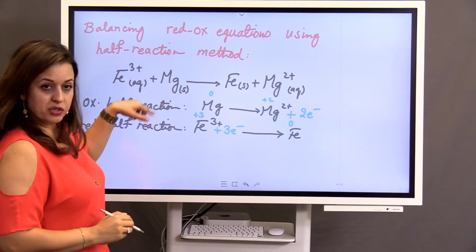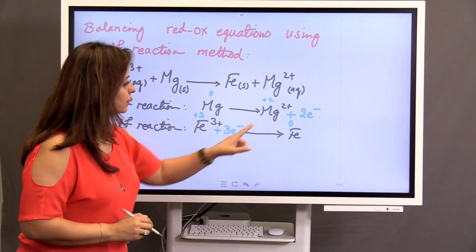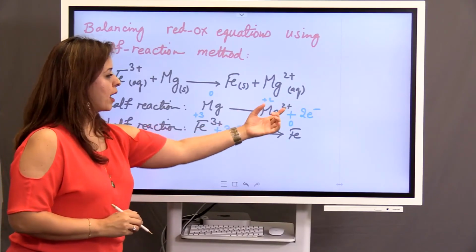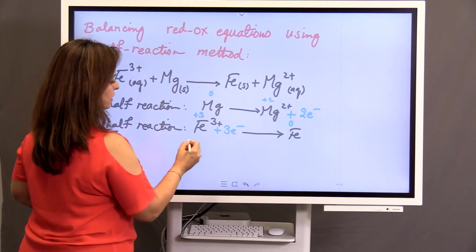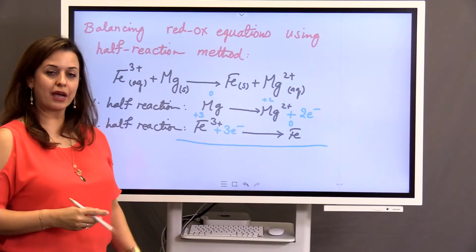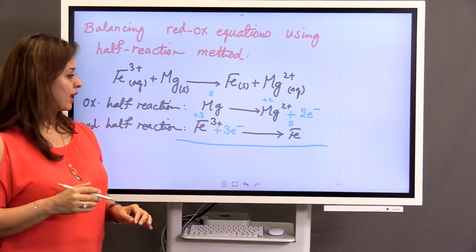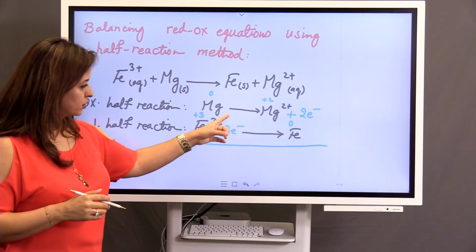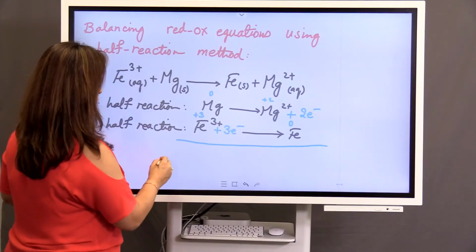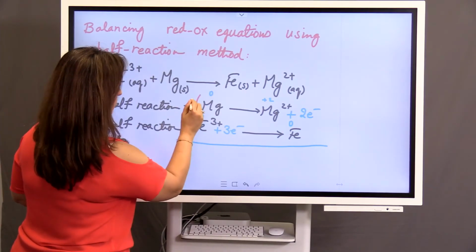Because it's electron transfer reaction, I should be able to cancel the electron amounts from each other and add these two half reactions to go back to the original reaction. But can I do this? Can I cancel them out? No. You need to multiply both of them by a number that makes them the same.